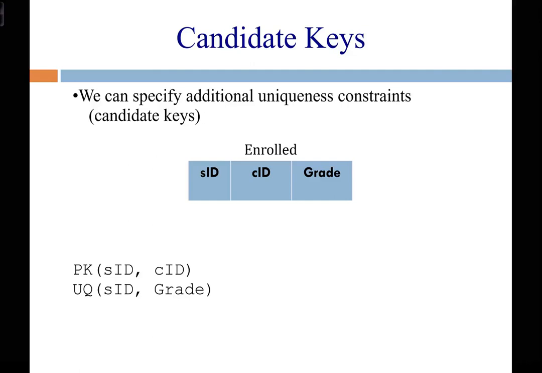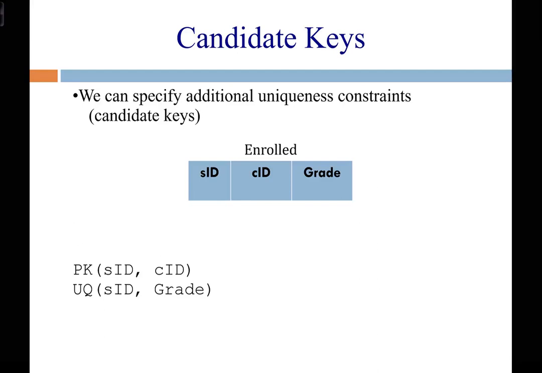You could only have one grade. You have the unique grades. One student can have the same grade in two classes. No, one student can't have the same grade in two classes. Let's get another option.